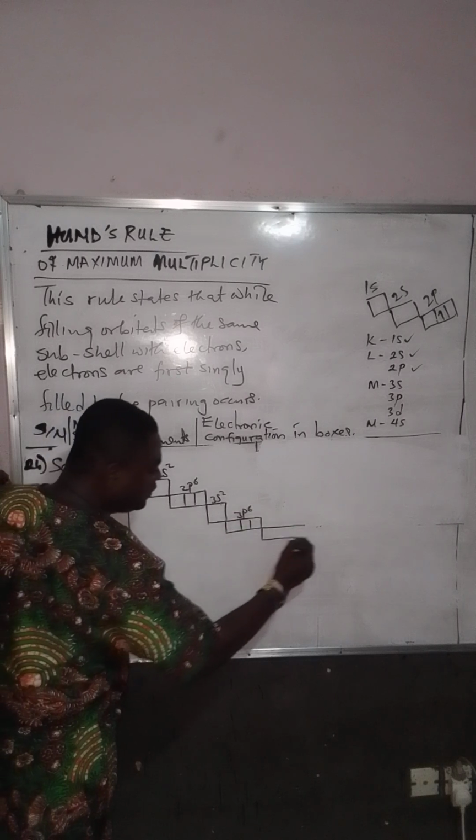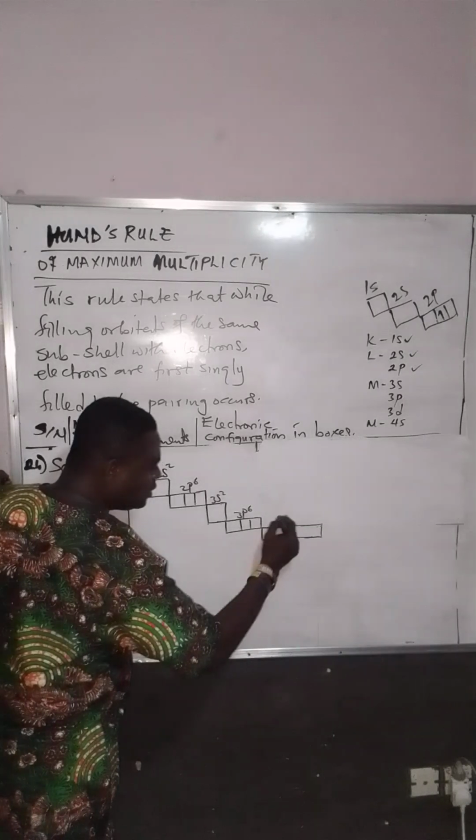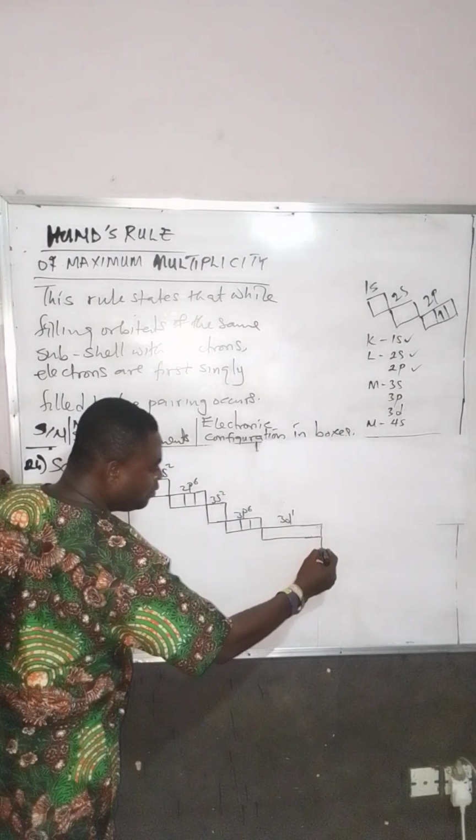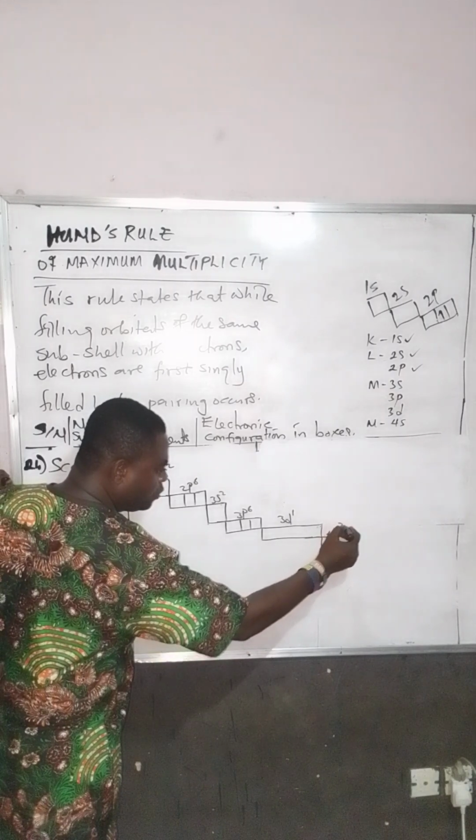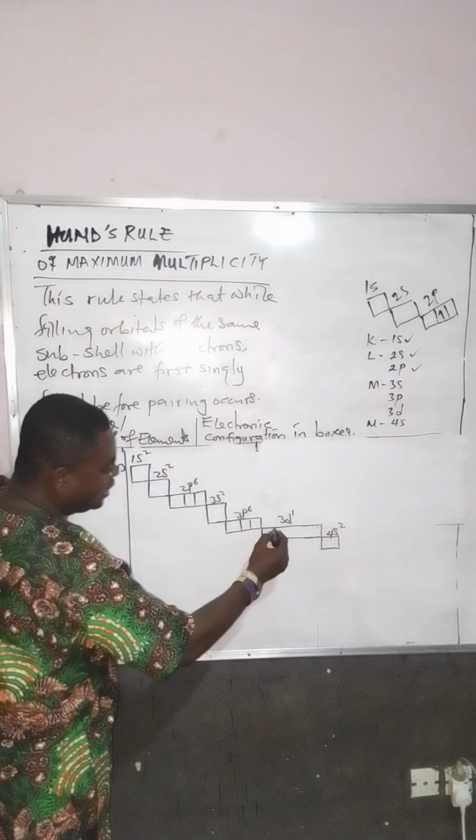Then we have 3d first, 3d1, before we now have 4s, 4s2. And 3d has how many?